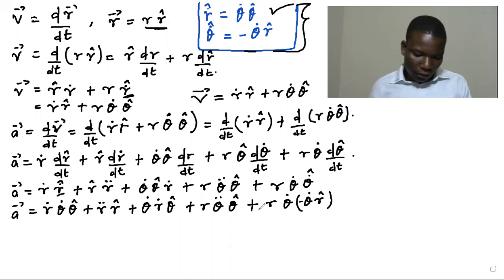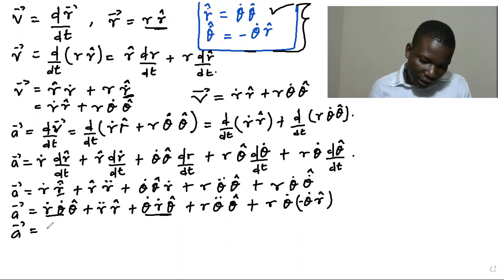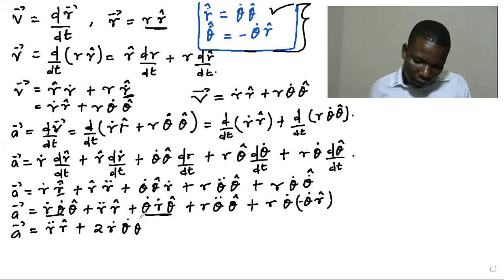So we continue manipulating, and we see that we have something common here, where this and that are the same, so we can add them. So what we are going to have is plus 2R dot theta dot and cap, like that.